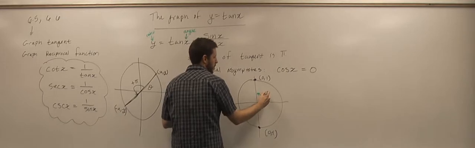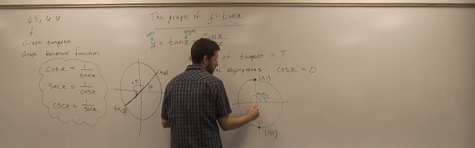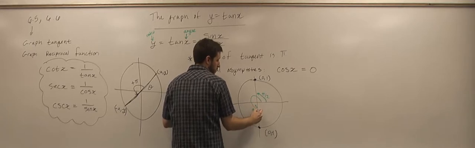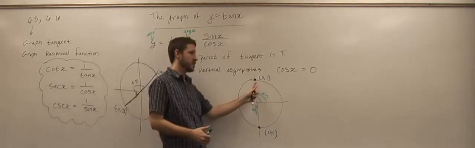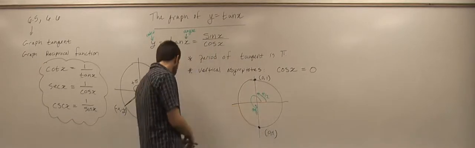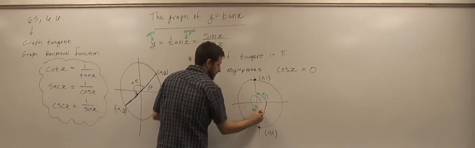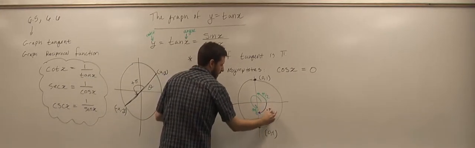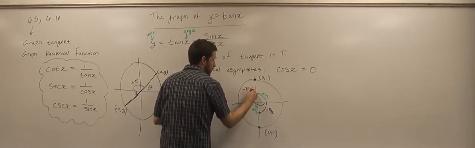Pi over 2, or 3 pi over 2? Is that all? No, you can keep going. You can do 5 pi over 2, 7 pi over 2, 9 pi over 2. You can go the other way, negative pi over 2, negative 3 pi over 2. There's a bunch of different names for these two axes.